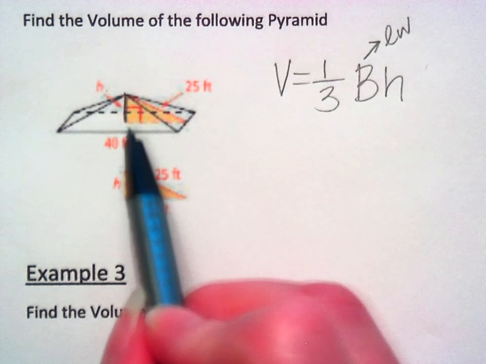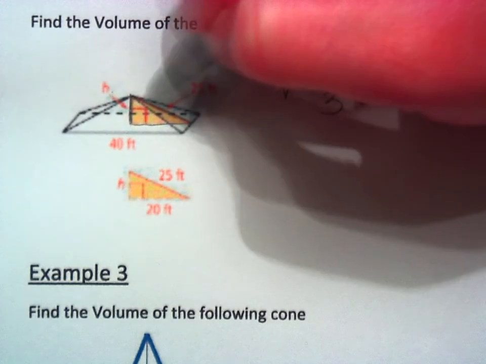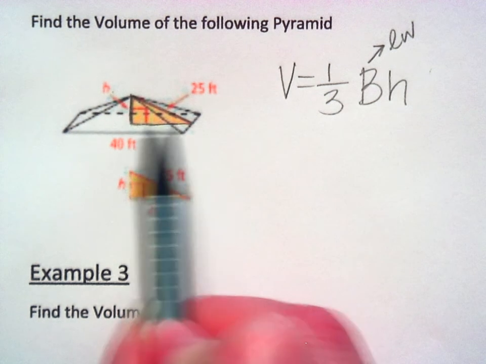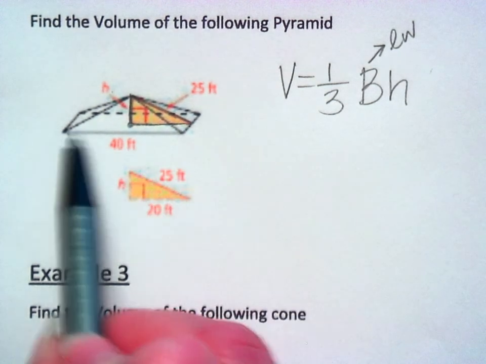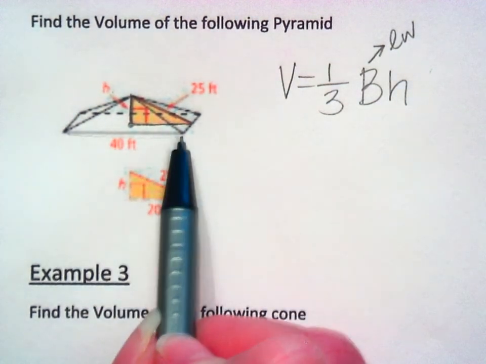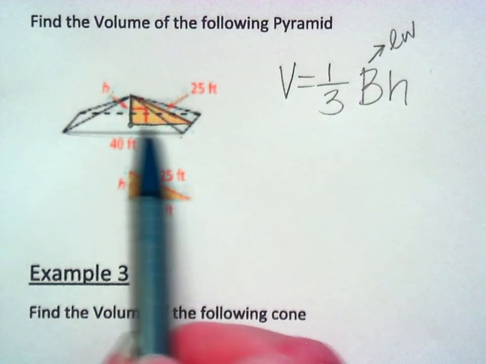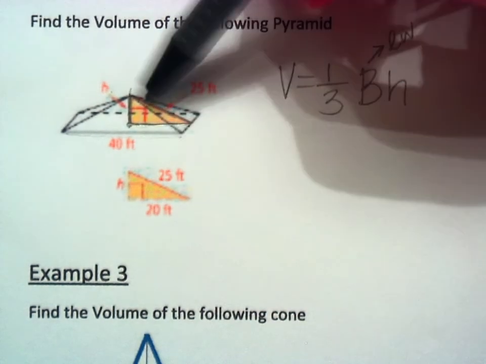Notice there's this yellow right triangle. This length right here is from the center out to the edge. So if this entire thing is 40, from the center out to the edge would be 20. So 20 squared plus h squared is going to give us 25 squared.